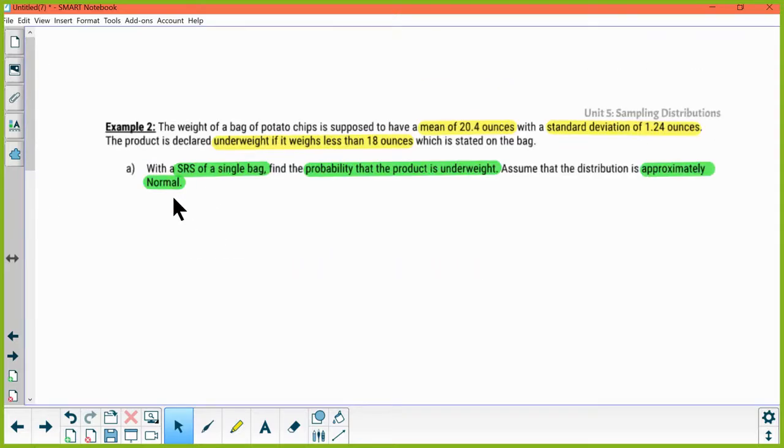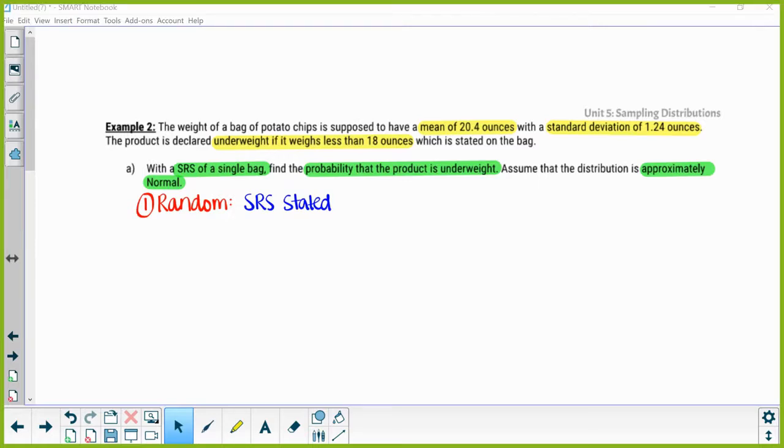So I'm going to go ahead and check conditions. First thing is we took an SRS of our sample. So I just said SRS is stated because I'm going through and checking conditions. Again, that's something you will always do if you are trying to find probabilities, because we have to check that it's normal and that standard deviation is something that's valid and that our random sample has been taken.